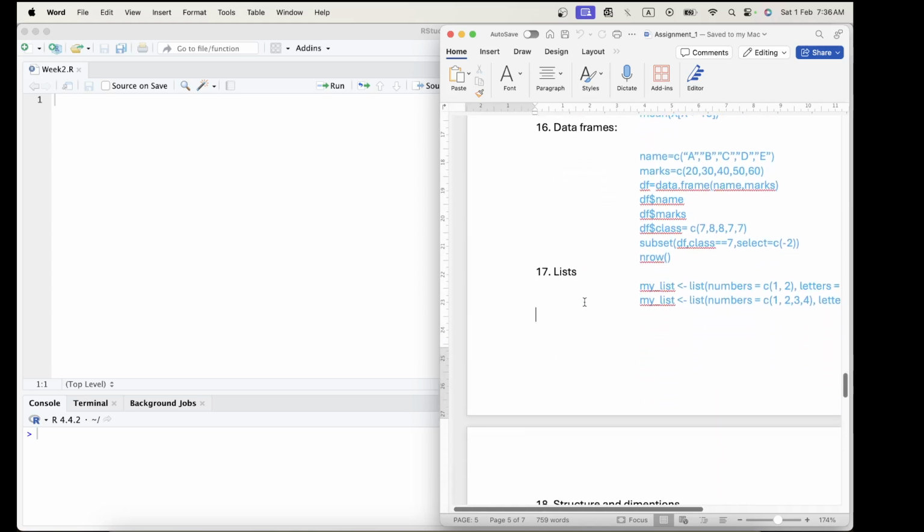So today I'm going to start from data frames. A data frame is a data structure which is different from matrices in the sense that all elements in a matrix or in a vector have to be of the same data type. So if I have a matrix of numbers, then every element of this matrix should be a number.